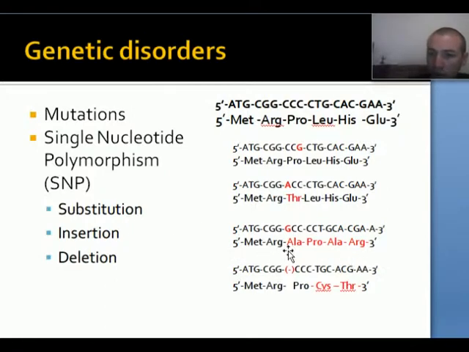Next, what would happen if we have an insertion? As you can see, this string here is pretty much the same as the first one. However, there has been inserted one nucleotide here before the CCC. Before these 4 cytosines, we have added a guanine.